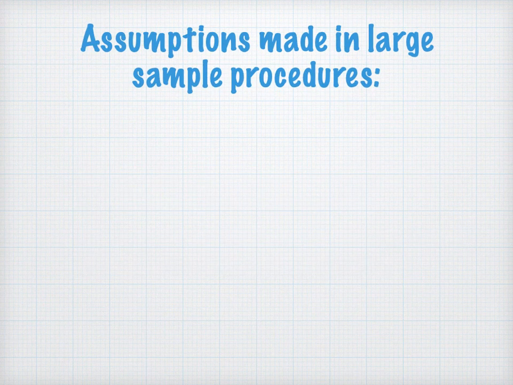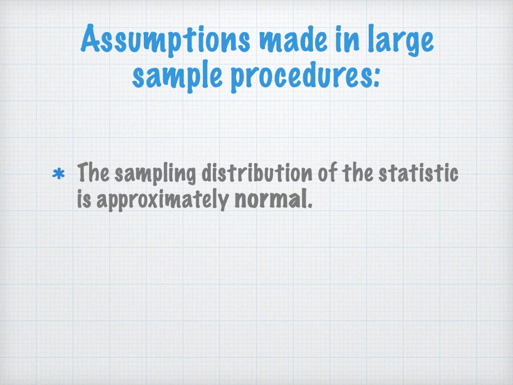Before moving on to the large sample procedure, we have to make some assumptions. The title of the video says this is about the large sample test based on the normal distribution. So the first and foremost assumption is that the sampling distribution of the statistic is approximately normal. For any test, we will have a null hypothesis H0 and an alternative hypothesis H1, which we accept on rejecting the null hypothesis.